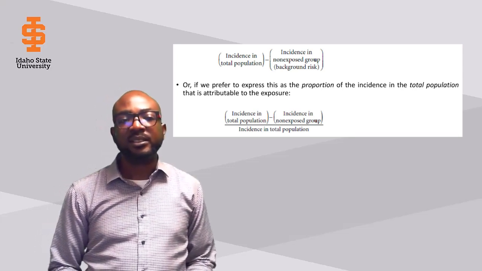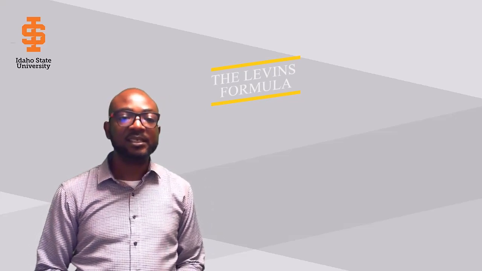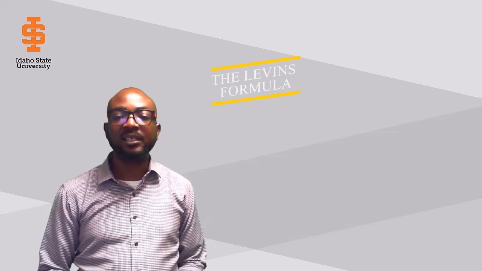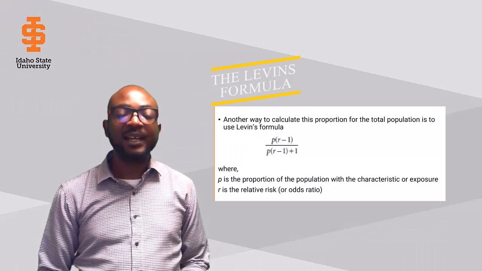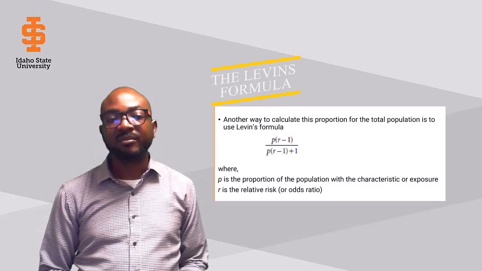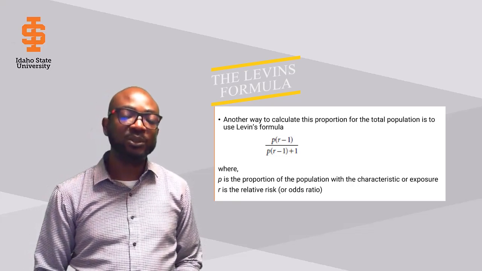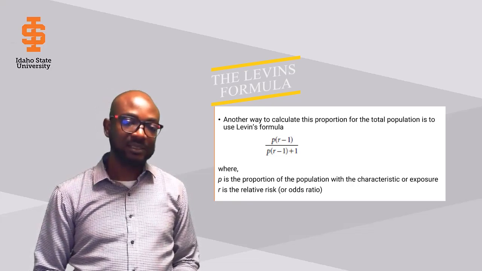Another way to calculate this proportion for the total population is to use what is called Levin's formula, which is the proportion of the population with the characteristic or exposure multiplied by the relative risk minus 1, all divided by the proportion of the population with the characteristic or exposure multiplied by the relative risk minus 1, plus 1.